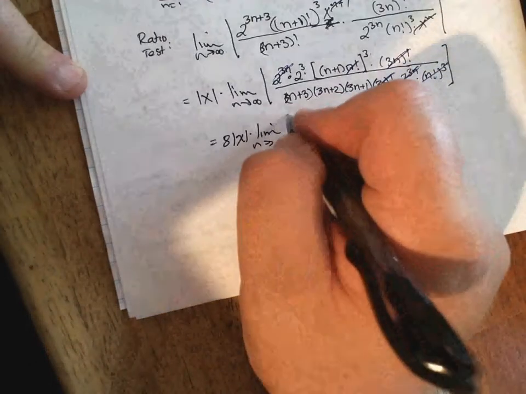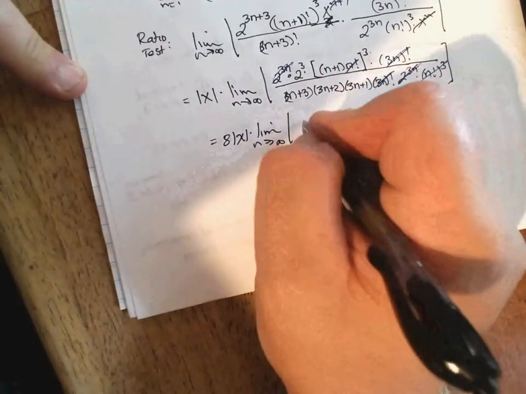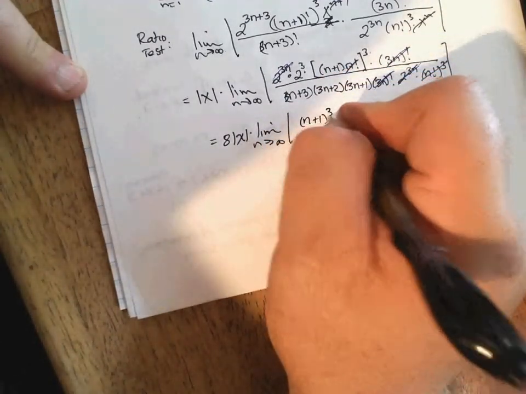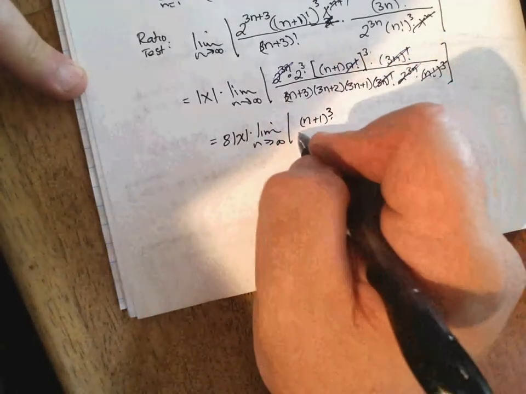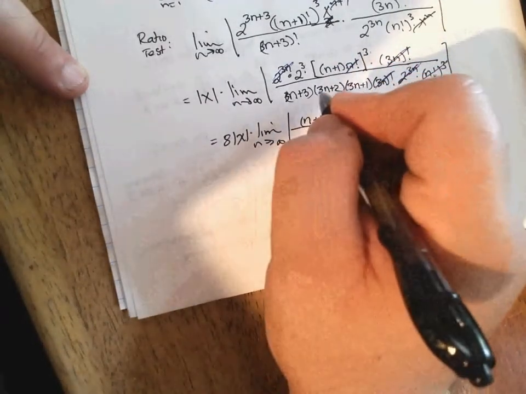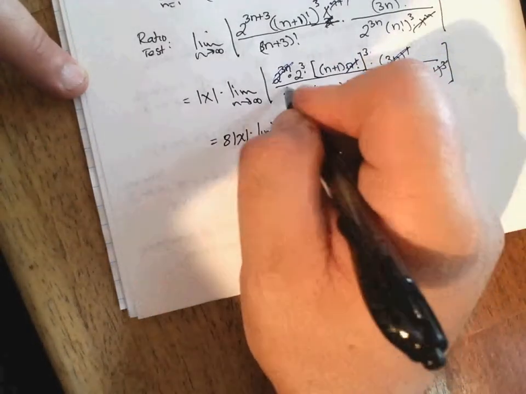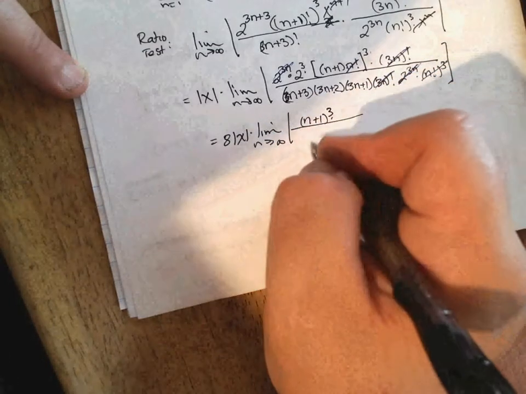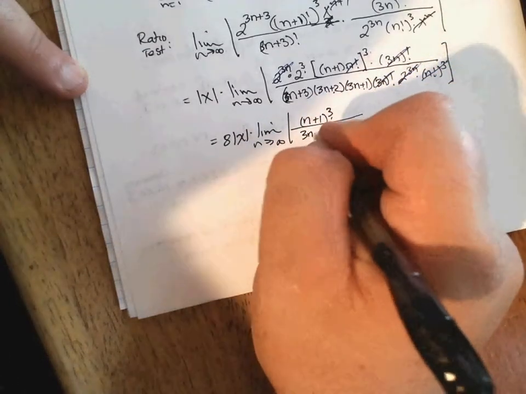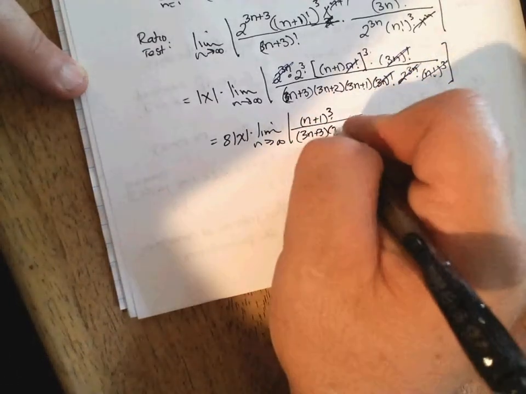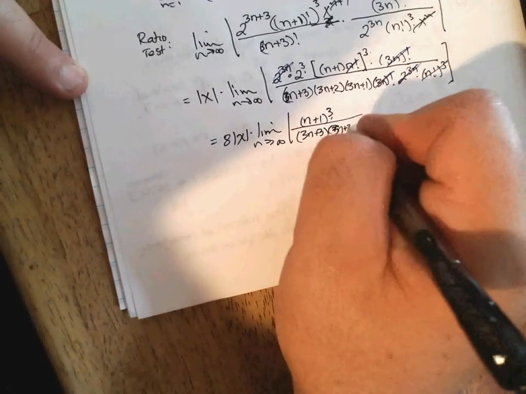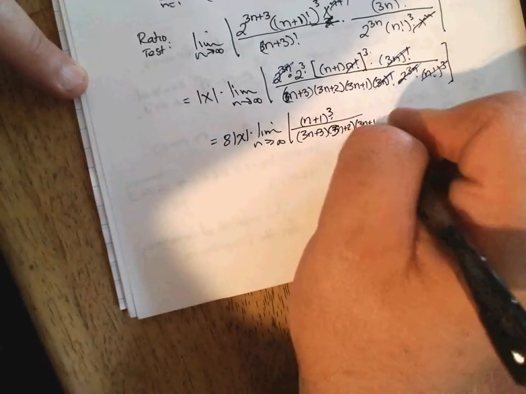I can pull that right outside. We have n plus 1 cubed. There's nothing else in the top. We have an n plus 3 and 3n plus 3, a 3n plus 2, and a 3n plus 1 in the bottom.